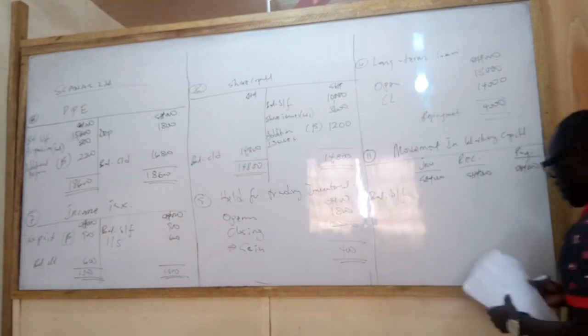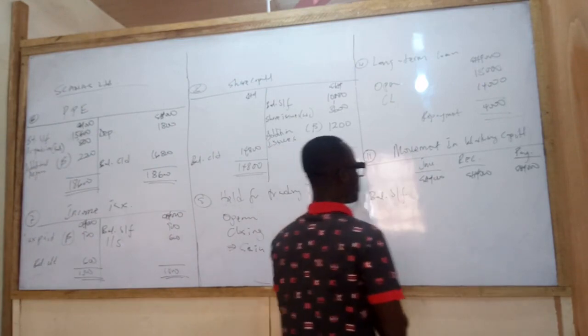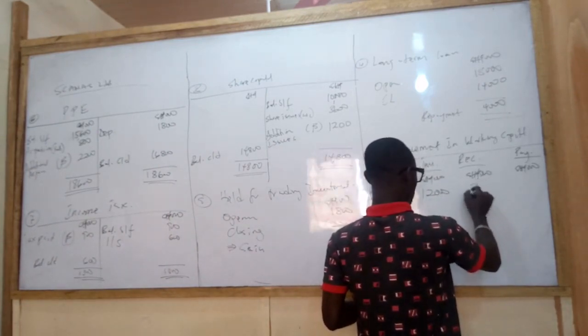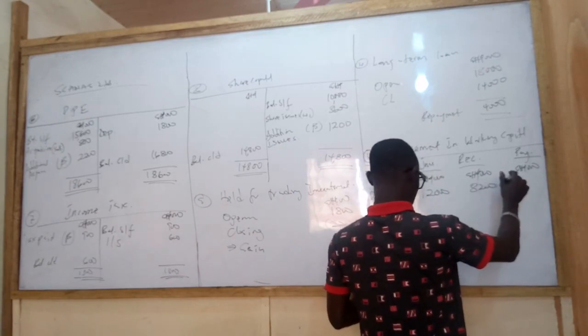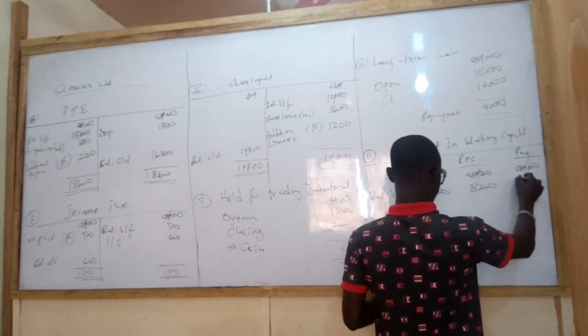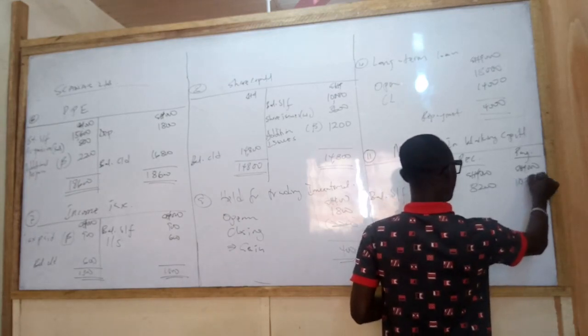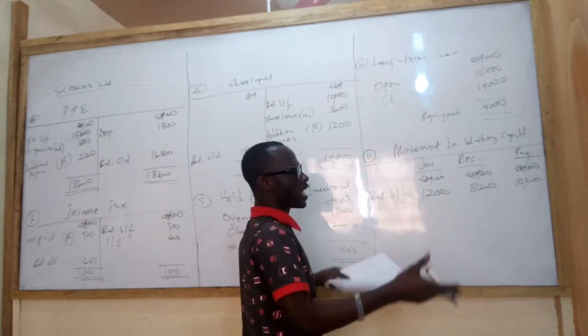What's the opening balance inventory, please? 12,000. Trade receivables, 8,200. Payables, 10,200. Now follow me. It's movement in working capital.